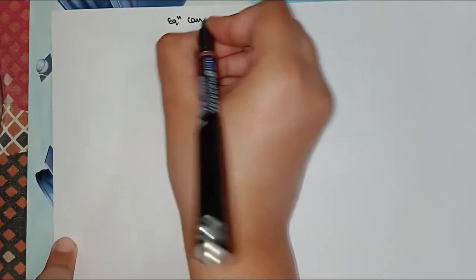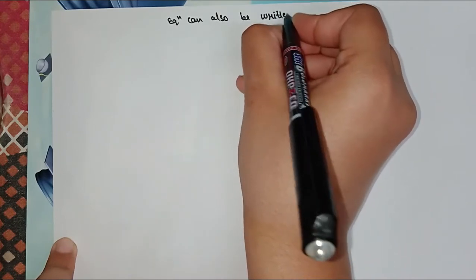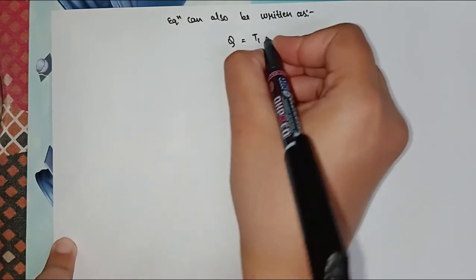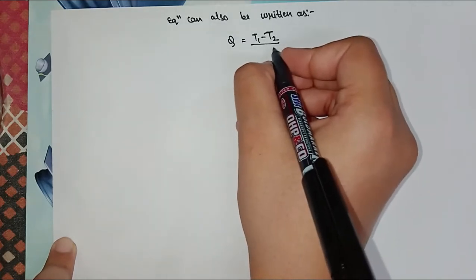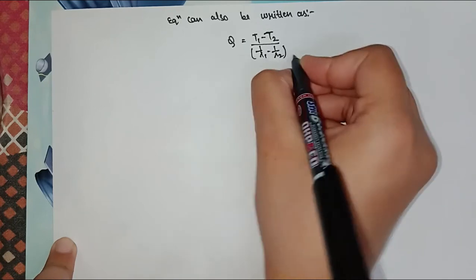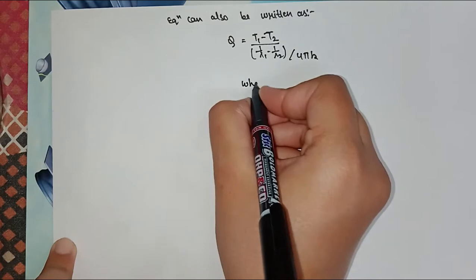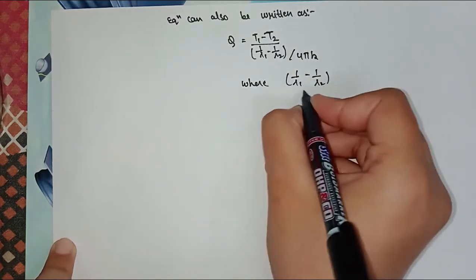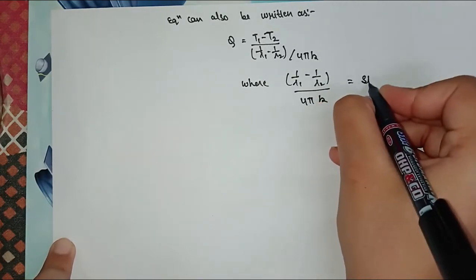This equation can also be written as Q equals change in temperature divided by (1/R1 minus 1/R2) divided by 4 pi k, where (1/R1 minus 1/R2) divided by 4 pi k is equal to the spherical resistance.